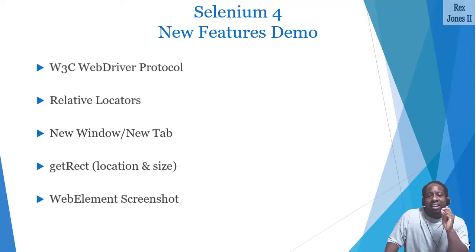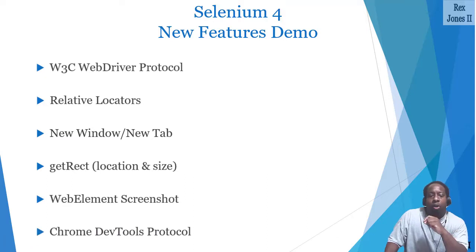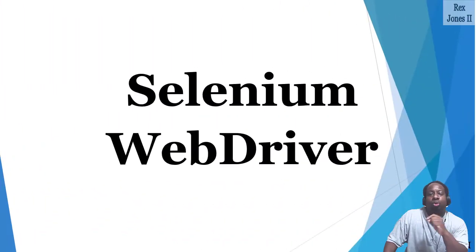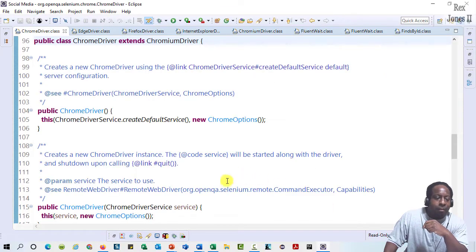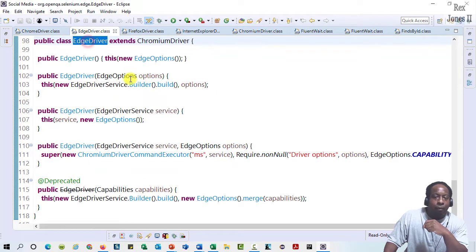Last is the Chrome DevTools protocol, which helps us to get the development properties. Although there are 3 components in the Selenium family suite, when we only say Selenium, we are referring to Selenium WebDriver. Therefore, let's start with two drivers that have an update: Chrome driver and Edge driver.